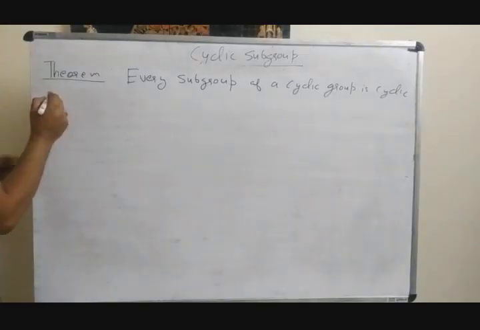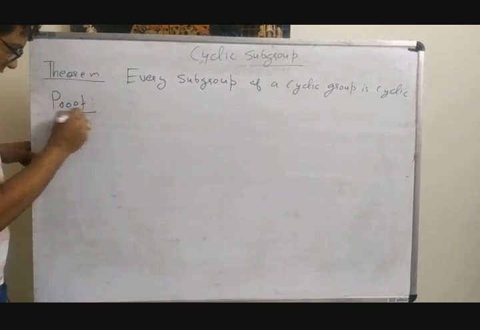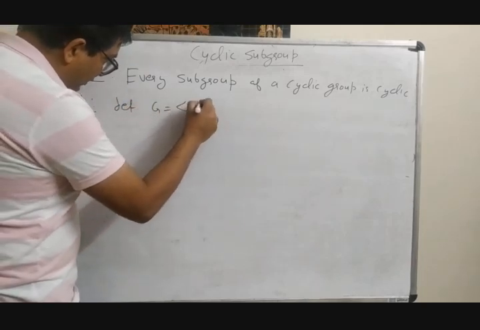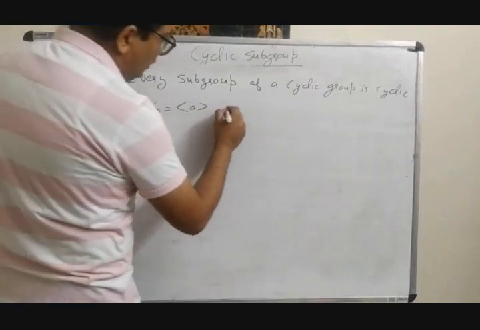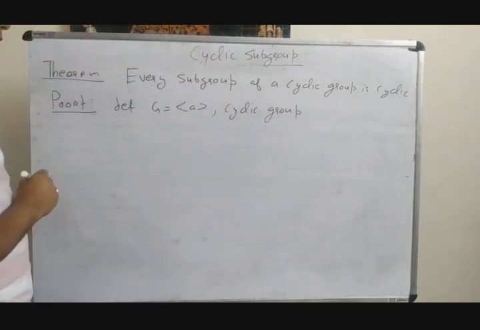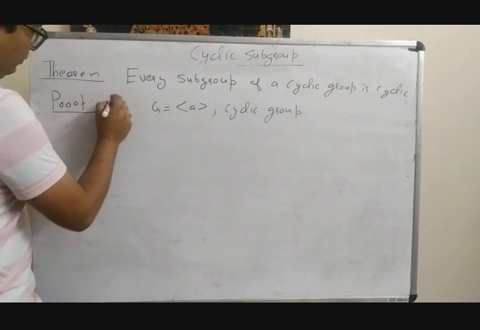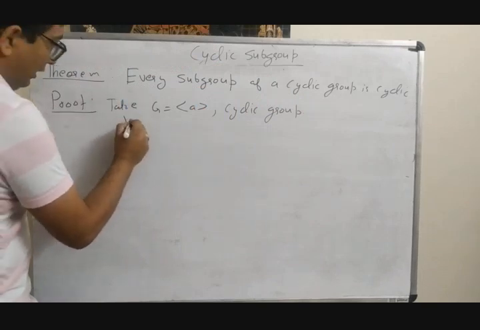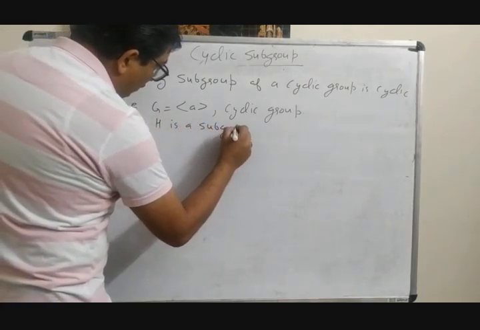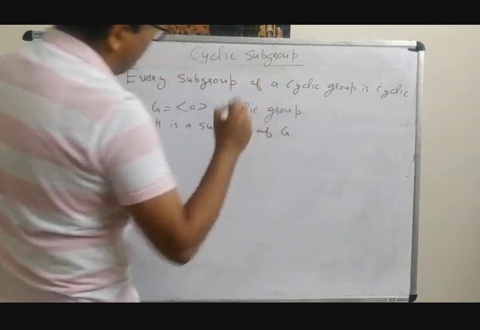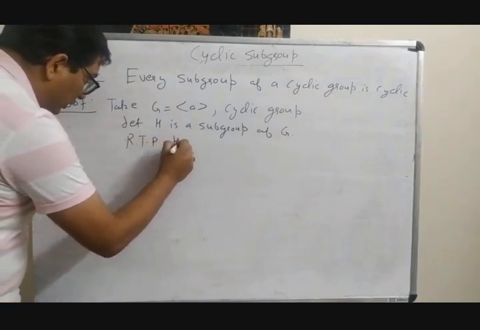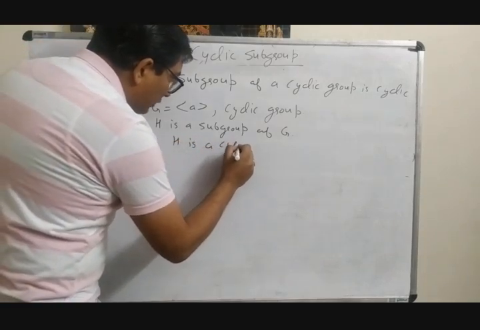So what do we want to prove? Let G generated by A, meaning a cyclic group. Let H be a subgroup of G. Now what is required to prove? Required to prove is H is a cyclic subgroup.